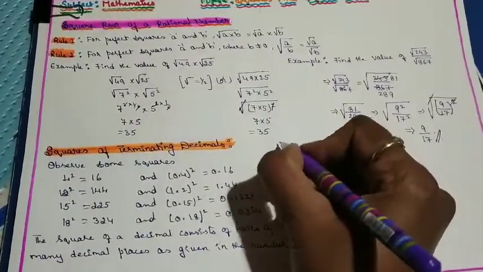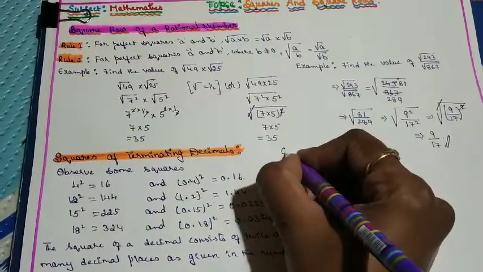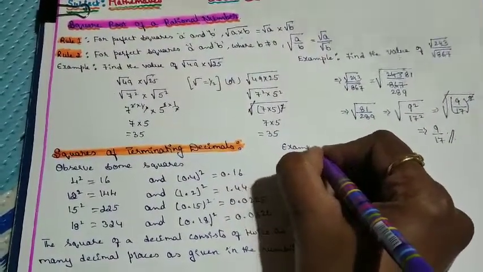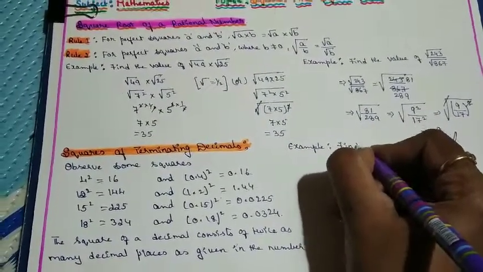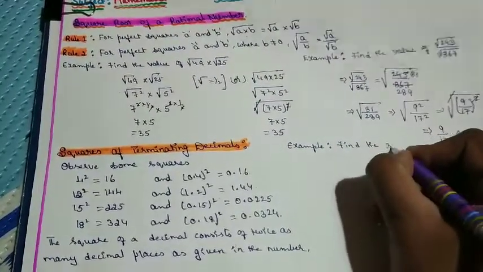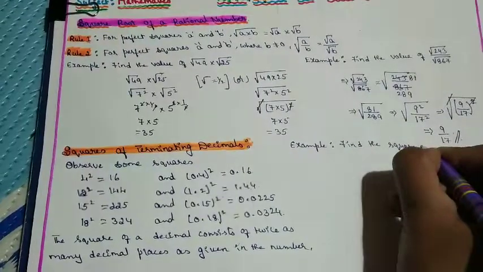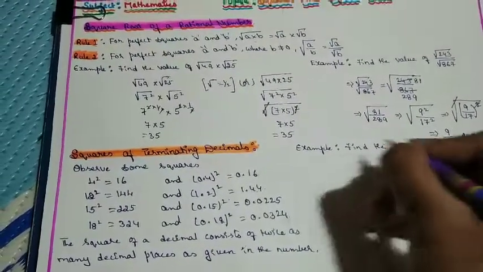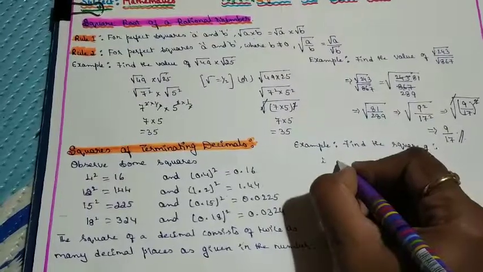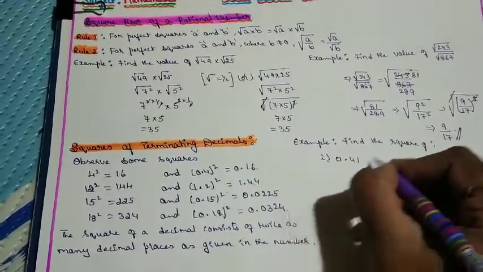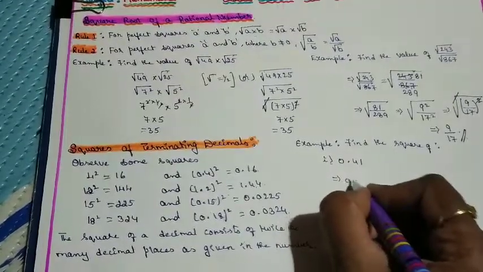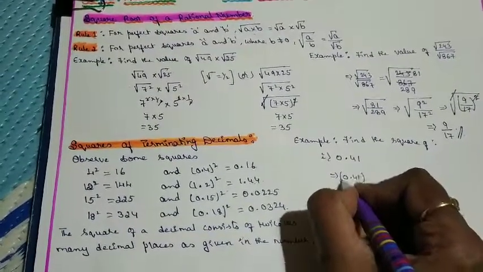Let me give one example. Find the square of the first one, 0.41, that is 0.41 square.